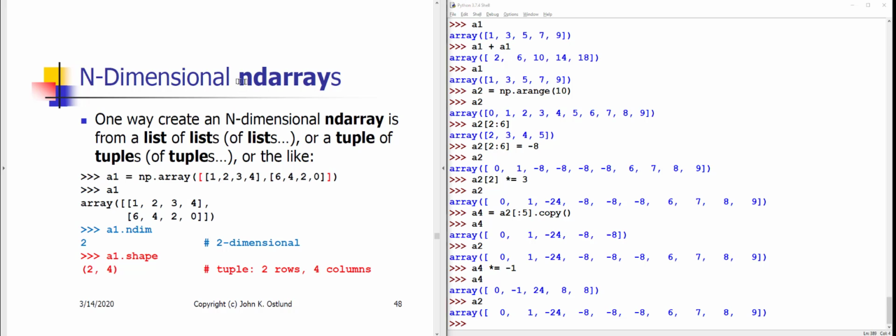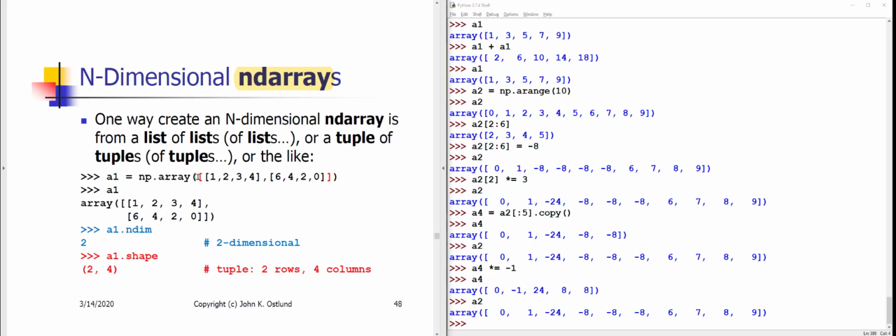Well, so I claimed that an ND array is an n-dimensional array. So far, the ND arrays that we've looked at have all been one-dimensional arrays of either integer or floating point values. If I want to create an n-dimensional array, then I can do that using an iterable of iterables.